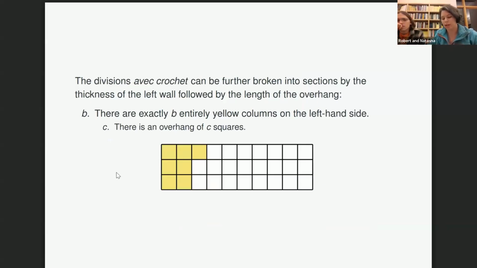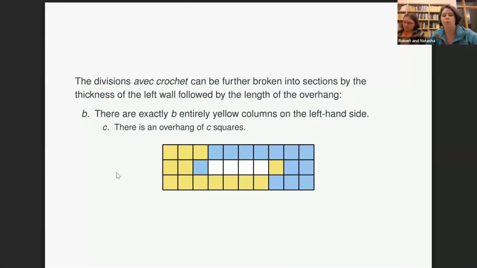That specifies exactly how many yellow squares are in the top row, which means the rest of the top row must be blue, and the bottom row, again, must have the same number split into different colors. So we have those 3 yellow and the remaining 7 blue.